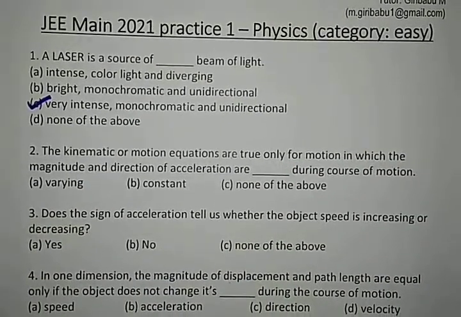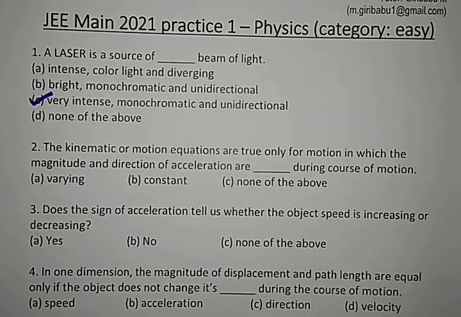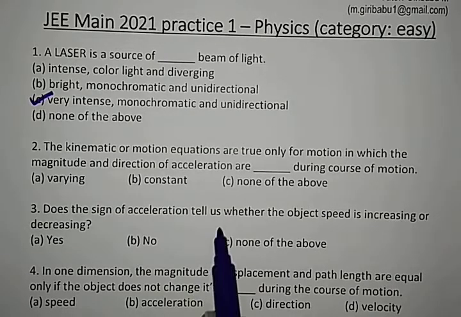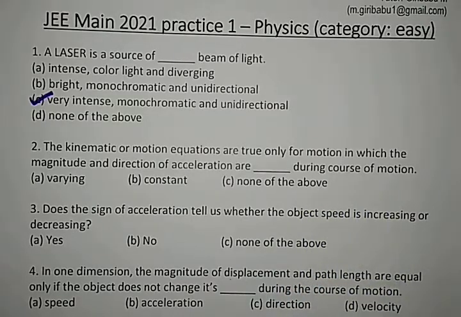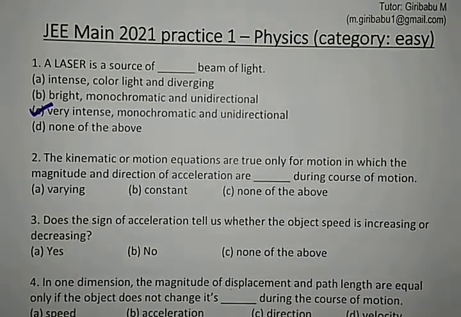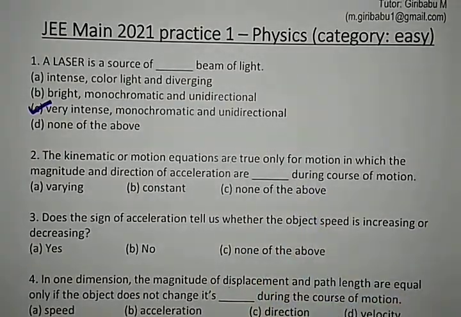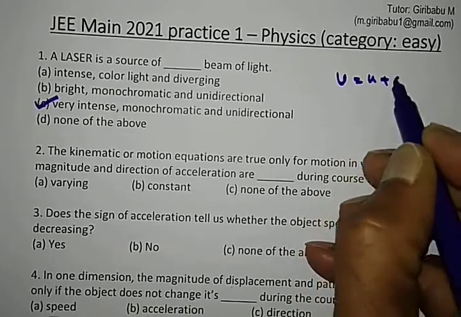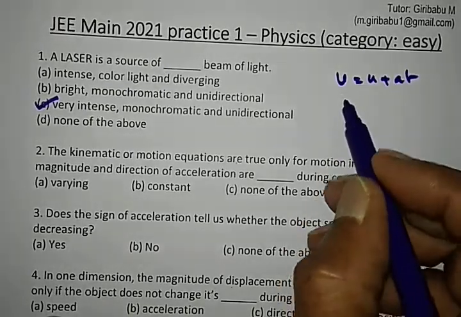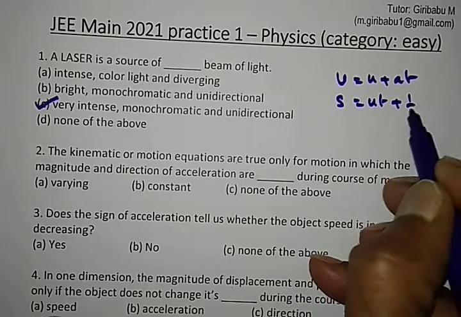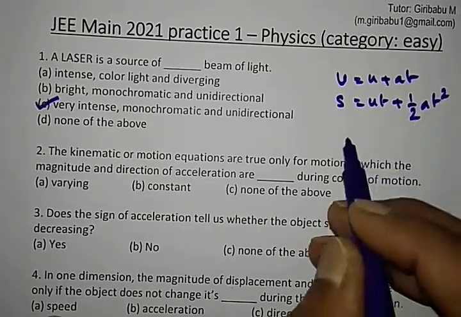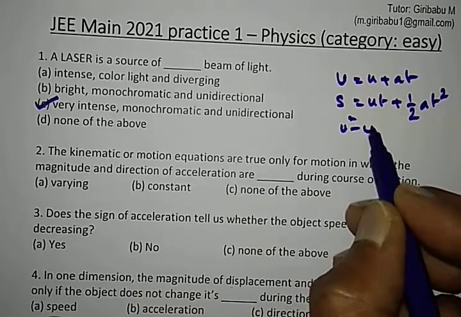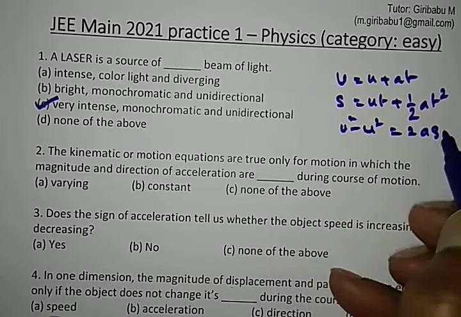The second one: the kinematic or motion equations are true only for motion in which the magnitude and direction of acceleration are dash during the course of motion. We know that there are three equations which I will write here. V is equal to U plus AT, and S is equal to UT plus half AT square, and the third one is V square minus U square is equal to 2AS.